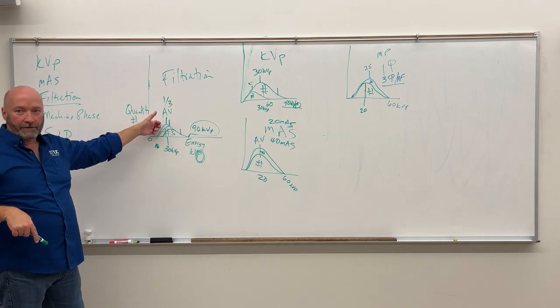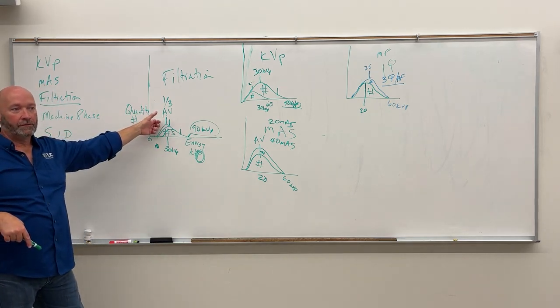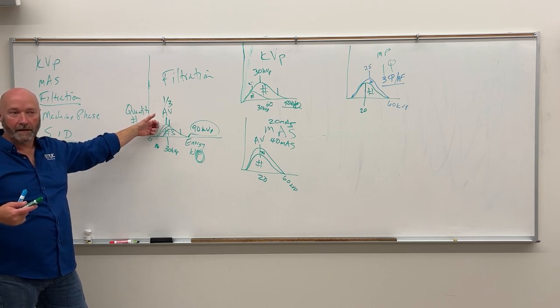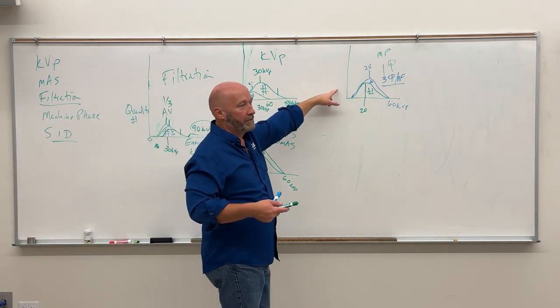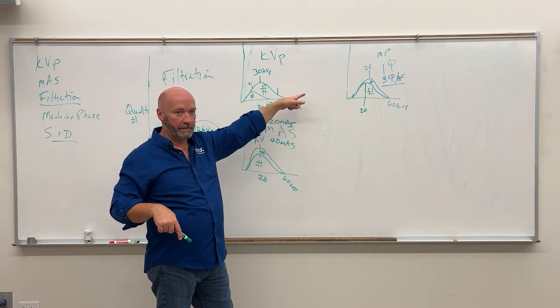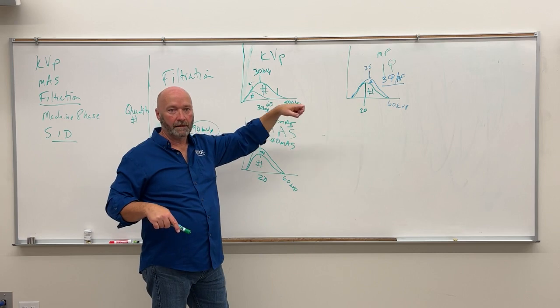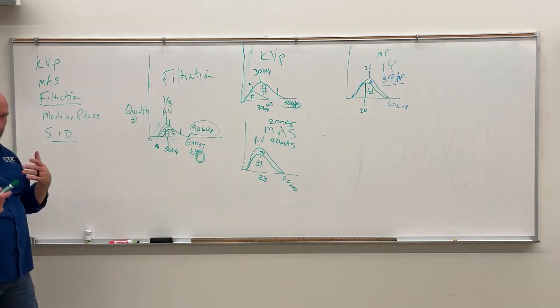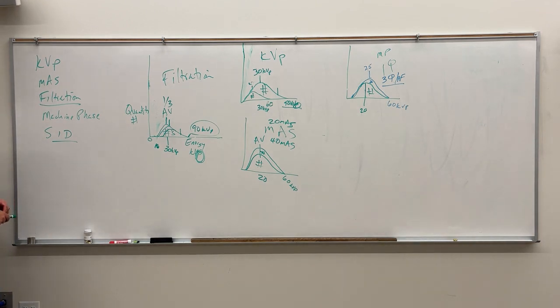So our technique correction here is to increase mass, right? Over there, our technique correction would be to decrease mass, okay? So again, that's more imaging for next semester, but just to kind of tie it all together.